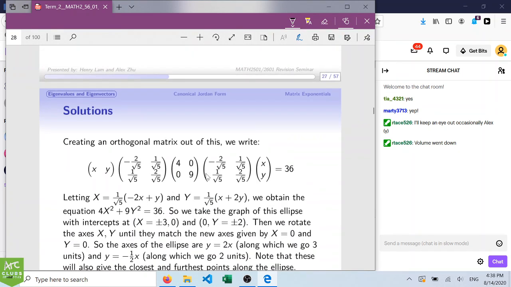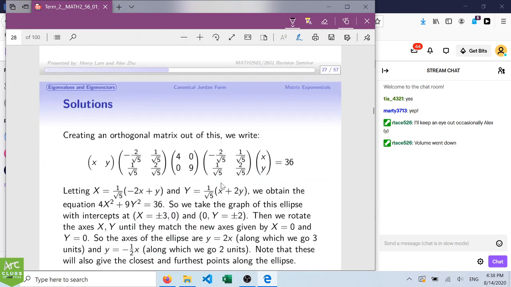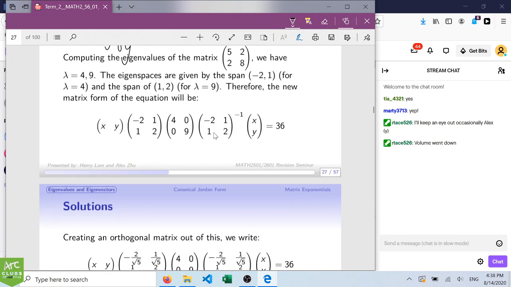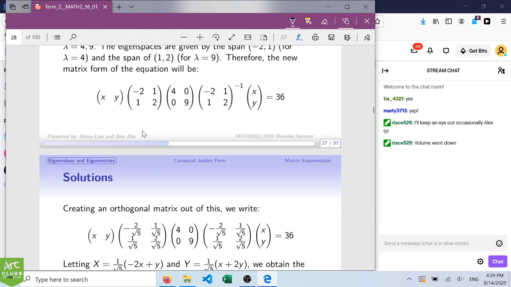So where did this root 5 come from? Because this matrix is not yet orthogonal. Each vector is orthogonal, but not orthonormal. You have to make it so that the vector has a length of 1. To do that, we divide by root 5 for everything on both sides.